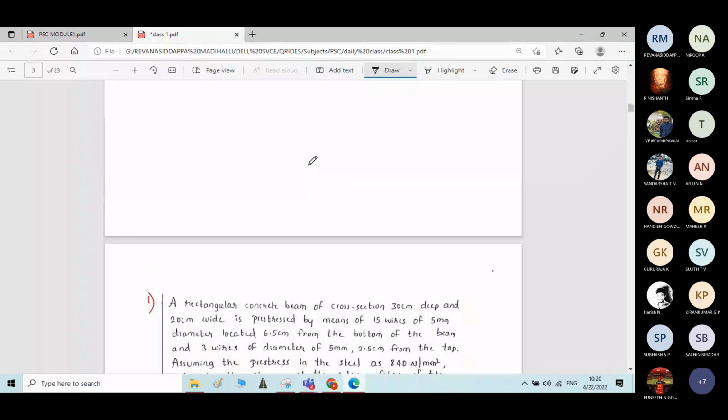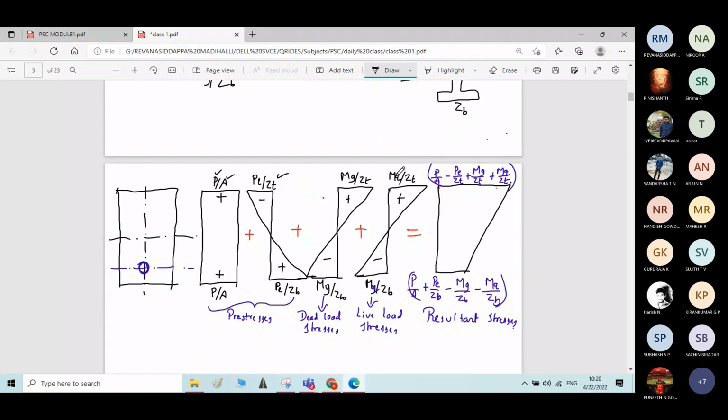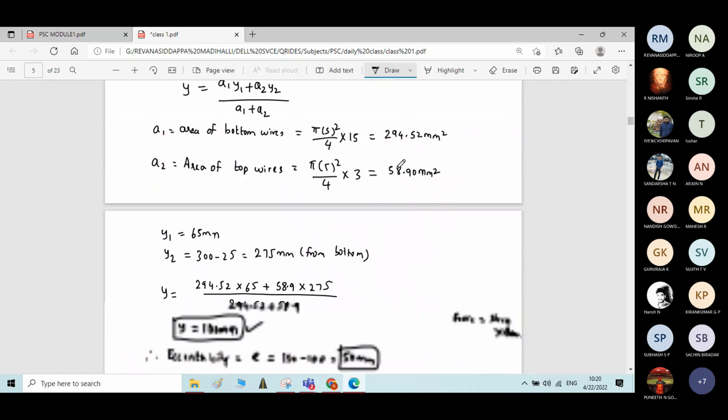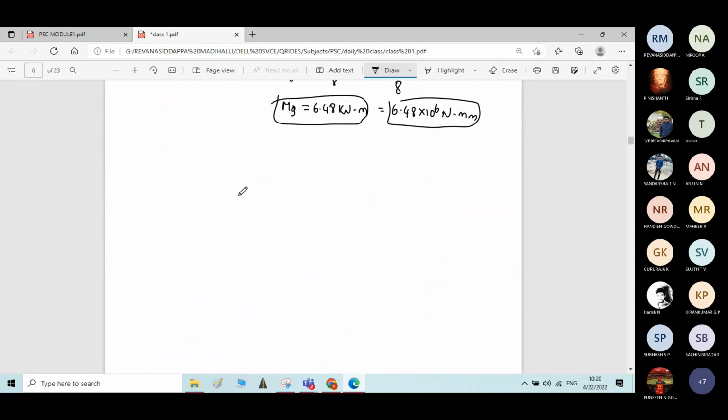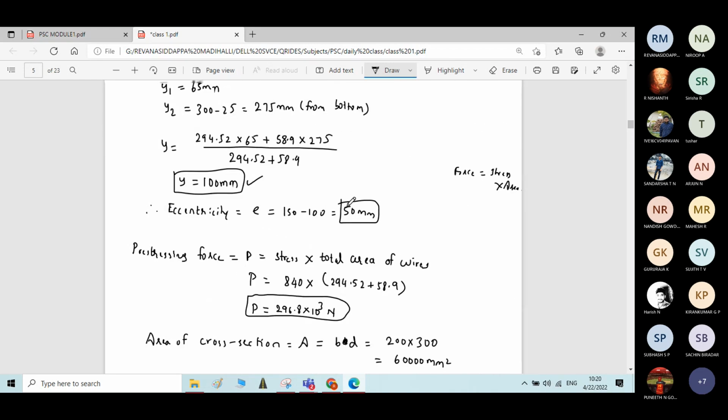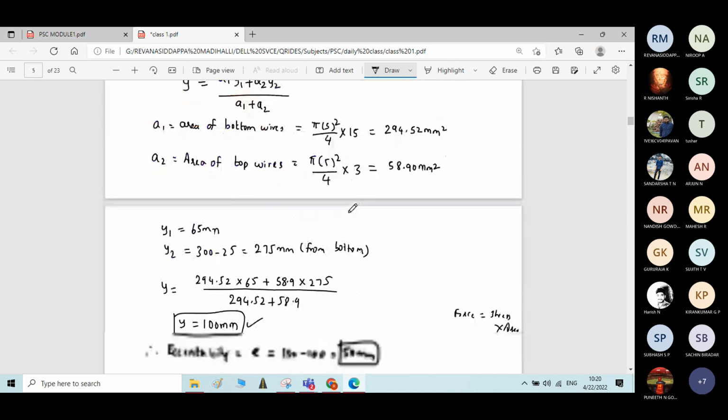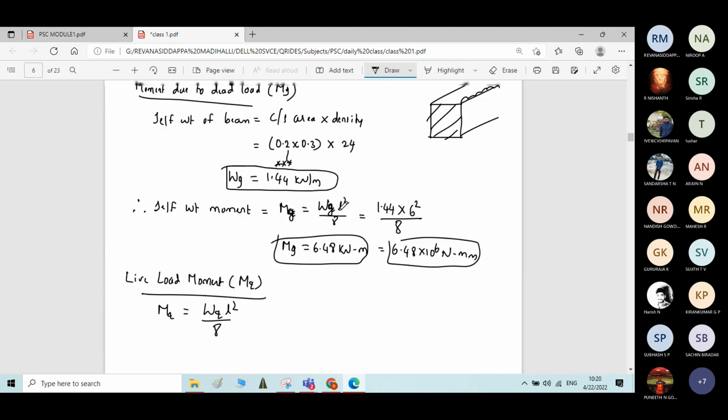Finally, we require one more data, that is MQ, the live load moment. Live load moment MQ is directly WQ L square by 8. The intensity of the live load WQ is given as 6 kilonewton per meter.